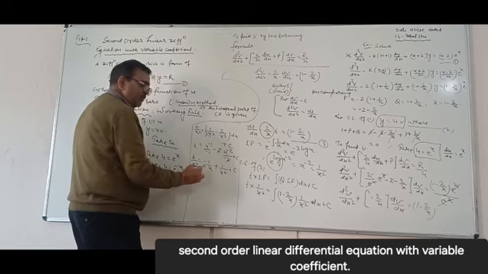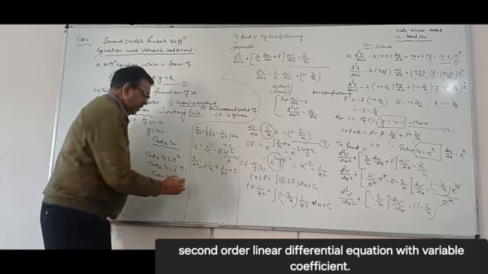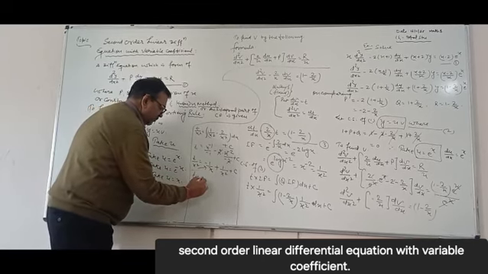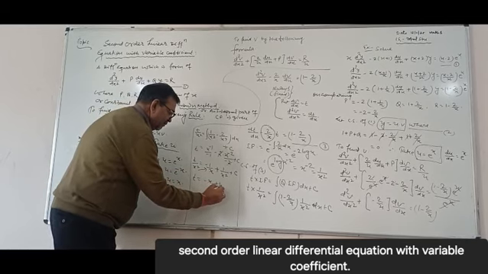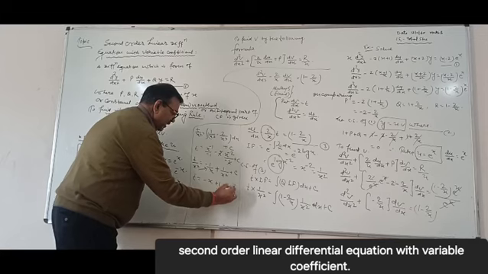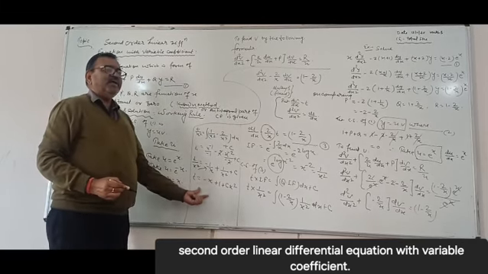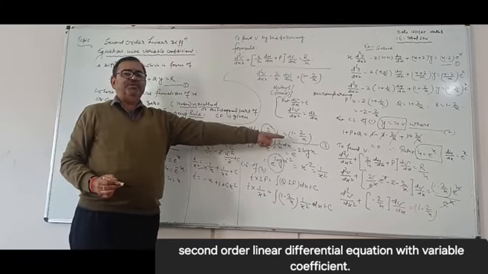Now after cross multiplication, t becomes −x + 1 + cx². So that is the complete solution of equation 3.